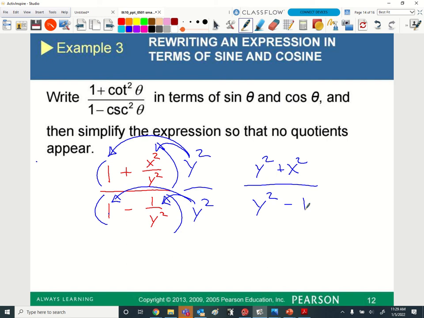Now, do me a favor and look at slide number 3. Slide 3 tells me that whenever I see x squared plus y squared, that's going to give me a different answer. What's that going to give me in trigonometry? 1, right?